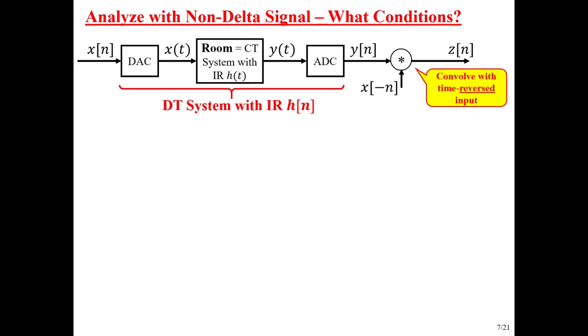So let's set this up and analyze it. That's what we do as DSP engineers. So we've got some discrete time signal. We're trying to figure out what we should make that be, but we're going to create it with our computer, and we're going to run it through a digital to analog converter to create some real world continuous time signal.